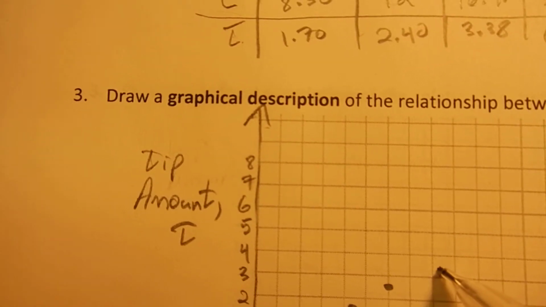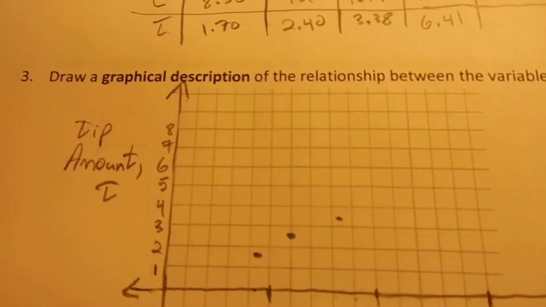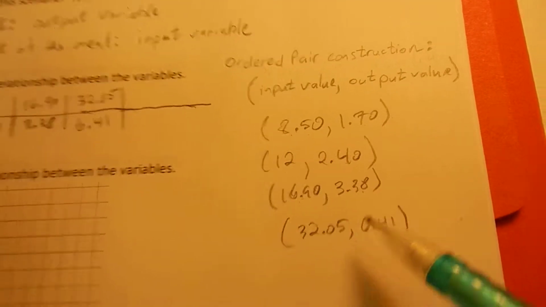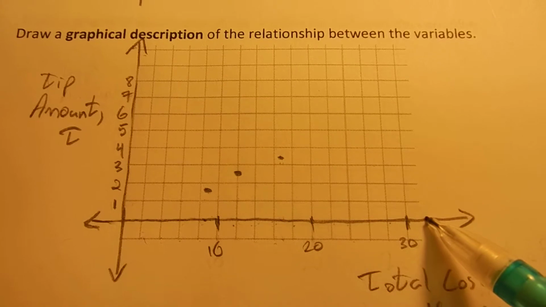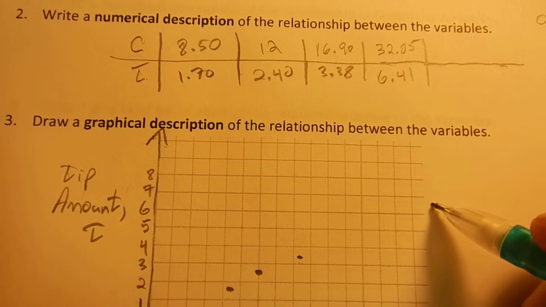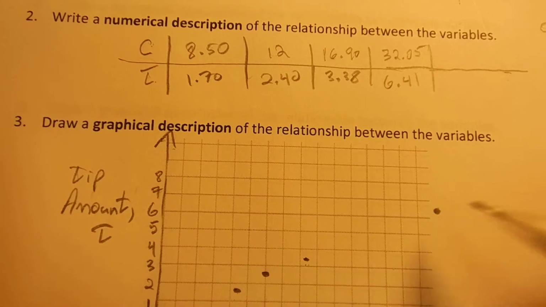So somewhere right in there. What we're after, and make sure I got that right. That's 12, 14, 16. Okay, so let's do $32.05. So we don't have enough grid line, but that's okay. There's 32.05 ish, $6.41. So that would be right here. 6.50 is here, so maybe just below that.